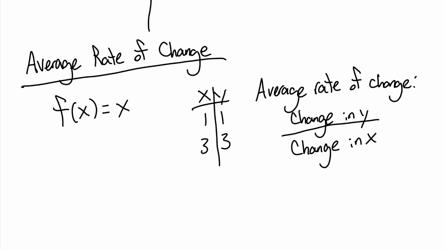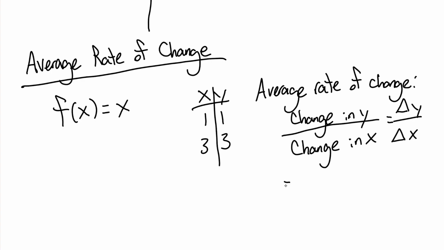There are a couple of different ways this is written. Sometimes we write these with a delta, which looks just like a triangle. Delta is the popular symbol in math and science for change. So we would write delta y over delta x.